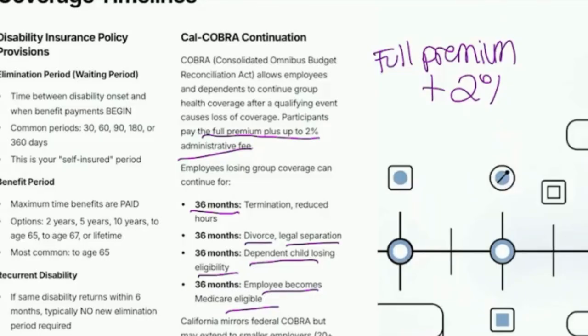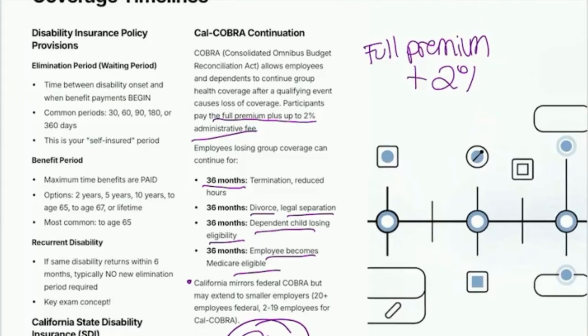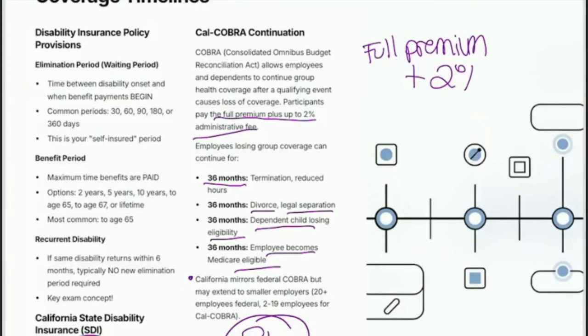California mirrors federal COBRA, but may extend to smaller employer groups. So 20 plus employees for federal, but it is 2 to 19 employees for CalCOBRA.